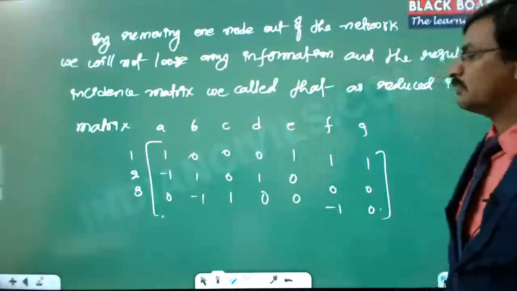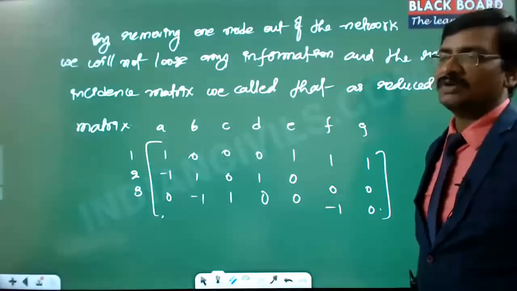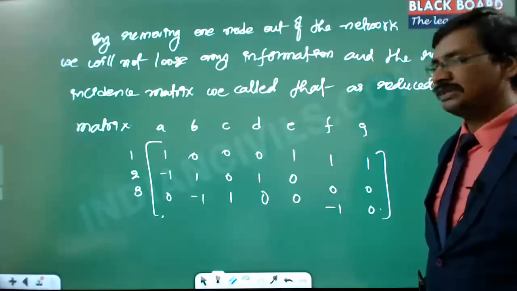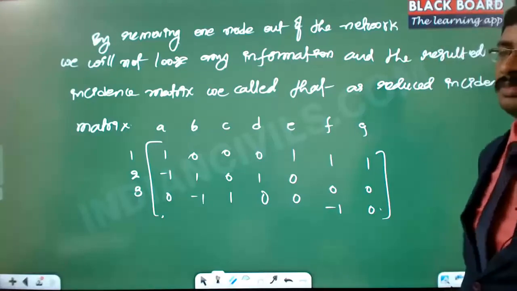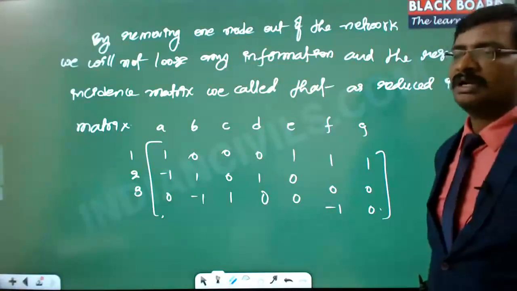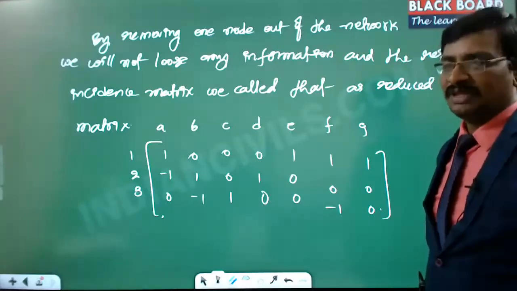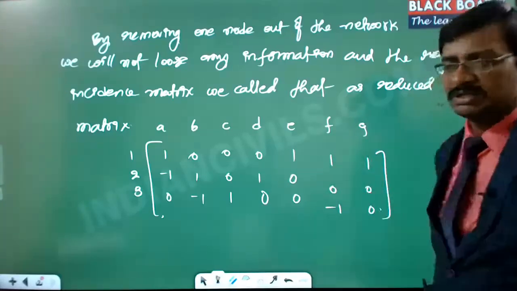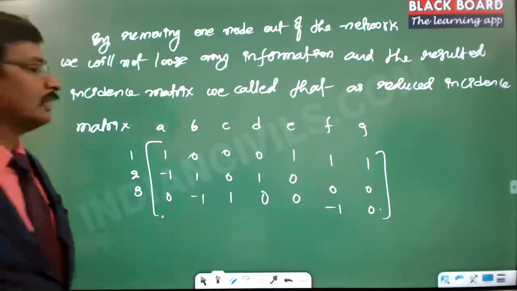Now, by keeping only this information, are you losing anything that is required or mandatory to solve our problem? Yes or no? Suppose I give just this as the reduced incidence matrix, without giving the network topology.